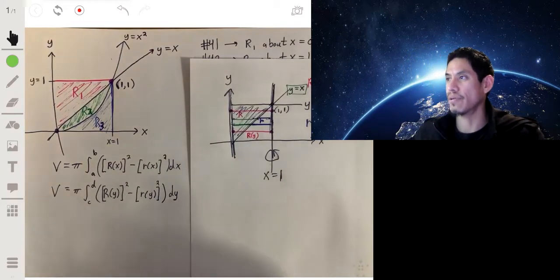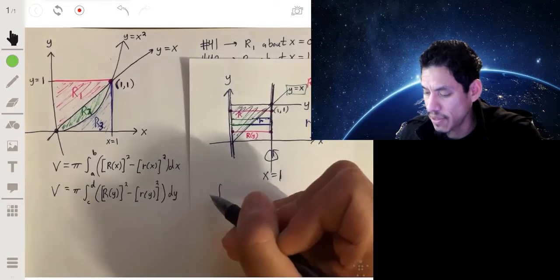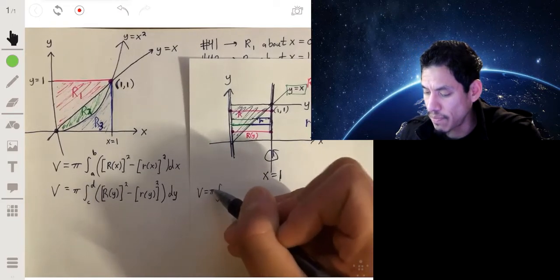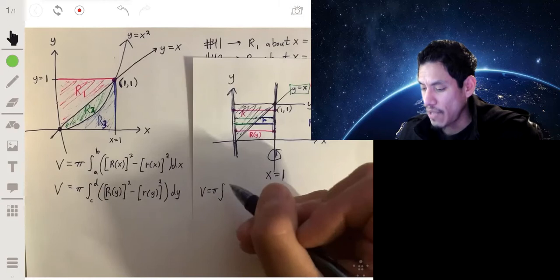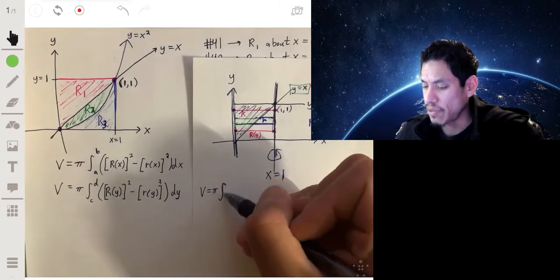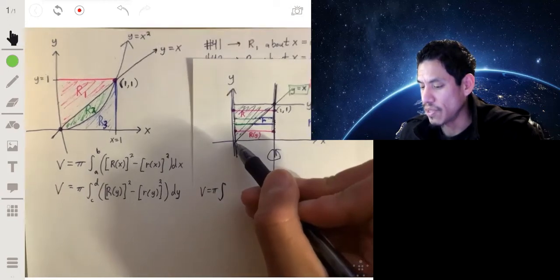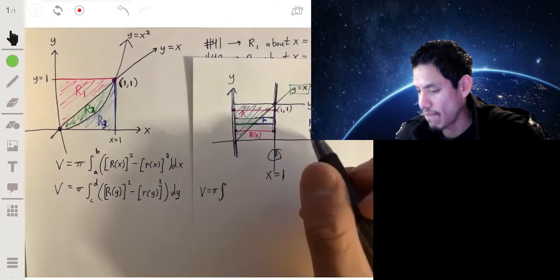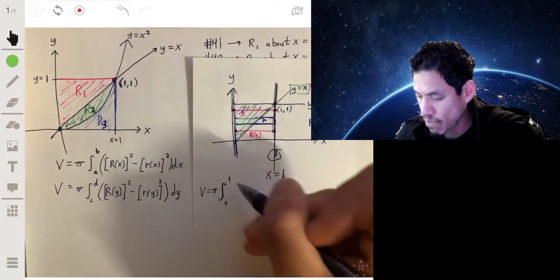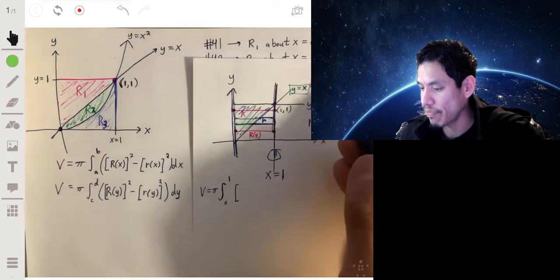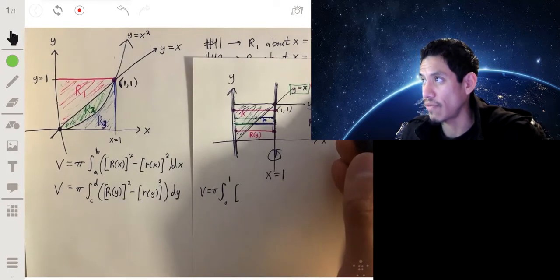Now you can set up your integral, the volume being pi times the integral from, again, 0 to 1. The outer radius, large R of y, is 1.